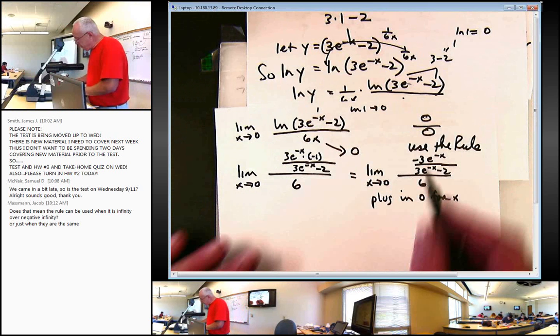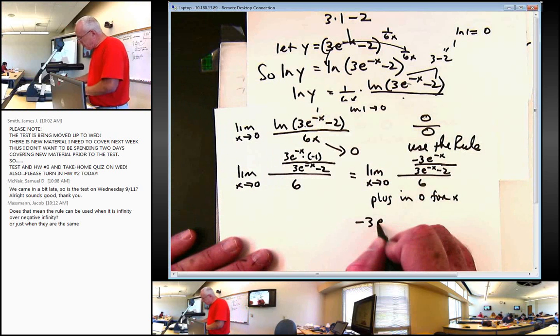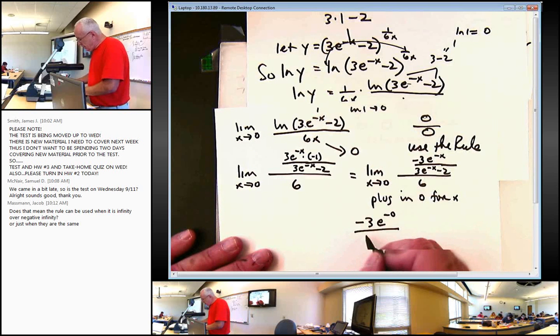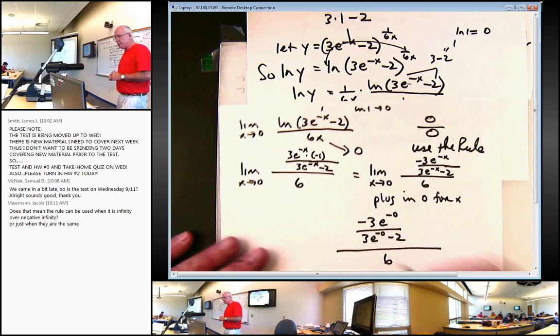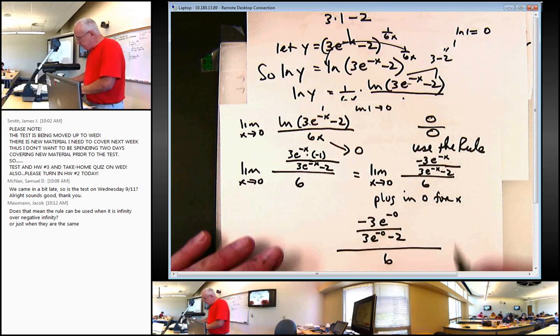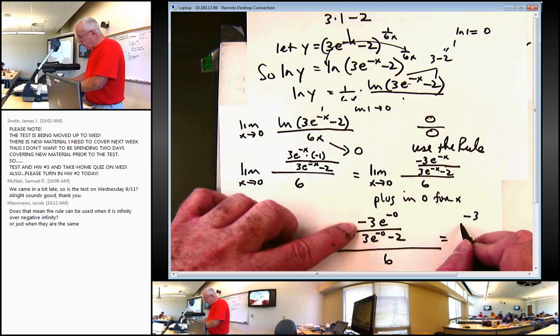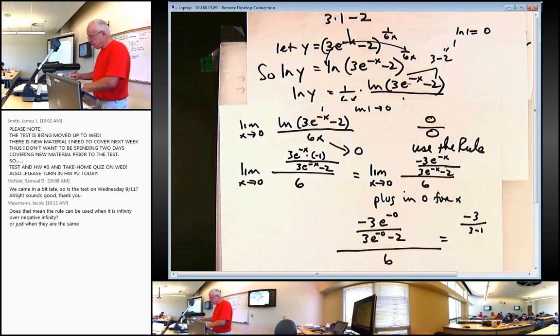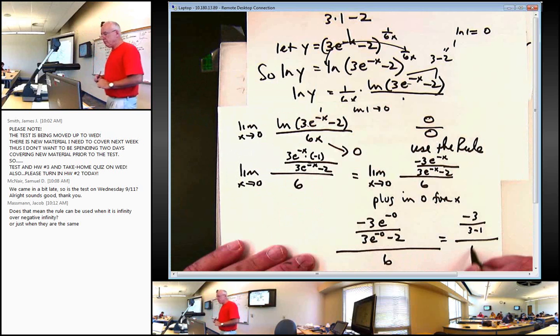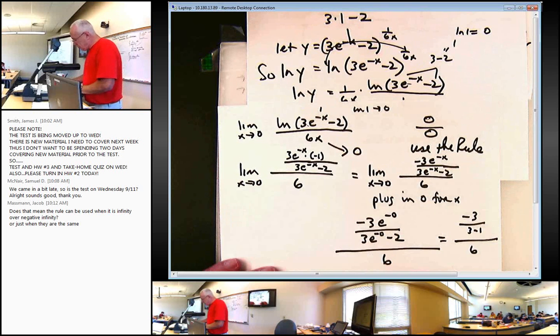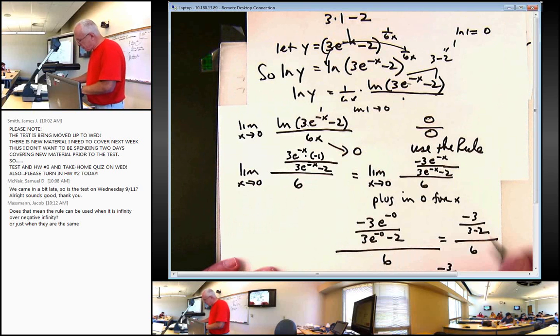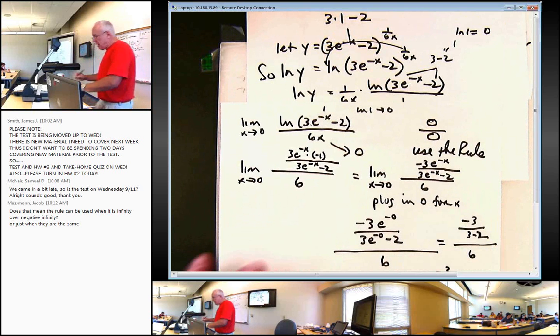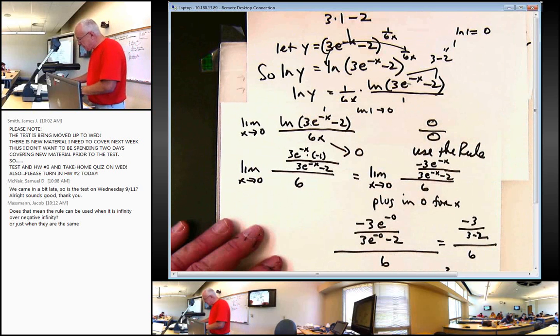We're going to have here minus 3e to the minus 0 over 3e to the minus 0 power minus 2. That's our numerator, all over 6. So that's going to be minus 3 over 3 minus 2, all over 6. And so that's minus 3 over 1, divided by 6. That's negative 3 over 6, negative 1/2.